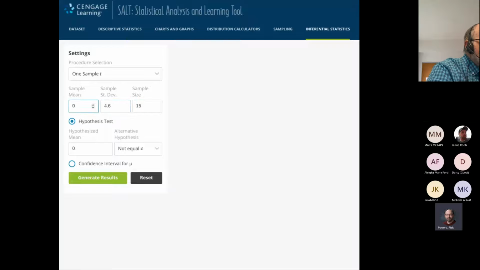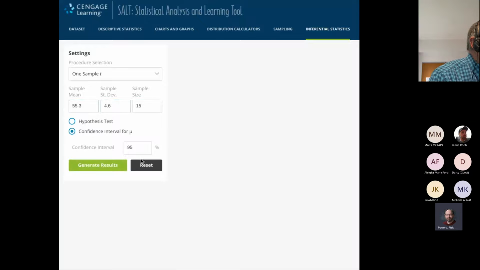That's correct. So then, hopefully it's clear. The next thing we're going to do is click on the confidence interval for mu, and that's why I wanted to talk about it before we did it. The symbol for the population mean is mu, and that's what we're going to be finding, the confidence interval for mu. So we click on that, and then we have to determine how confident we want to be for our results. It's set at 95% already, so we hit this and generate results.